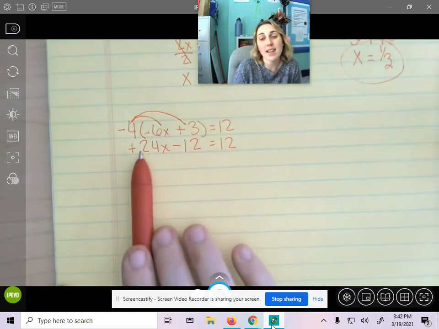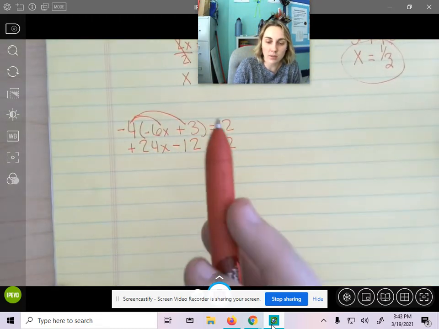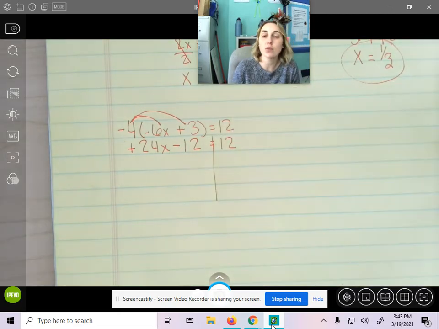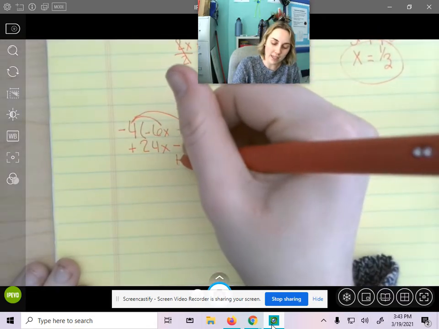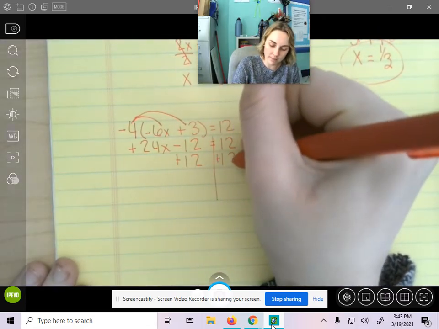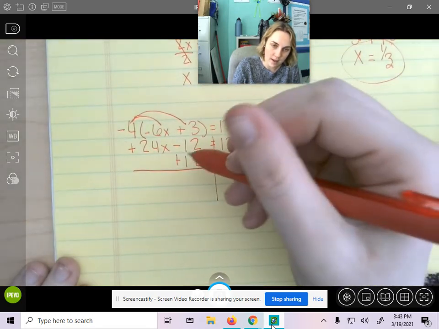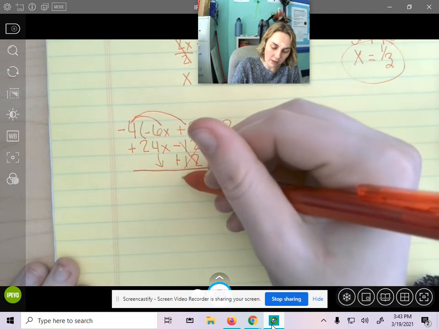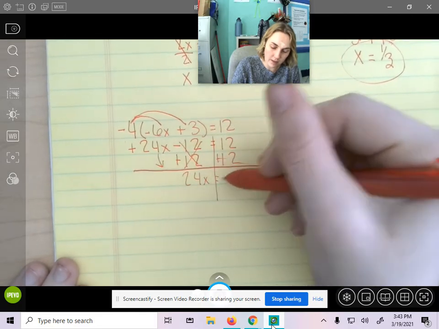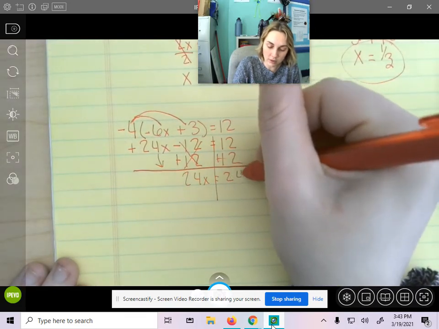All right, so I cannot simplify this part of the equation any more than this. These are not like terms, so I can solve my two-step equation by getting rid of my constant first. My constant here is going to be this negative 12. So what I'm going to do is I'm going to add 12 on both sides to get rid of it. I'm going to bring this positive 24x down because these are opposites, so I can cross them out. And then 12 added to 12 is going to give us 24.